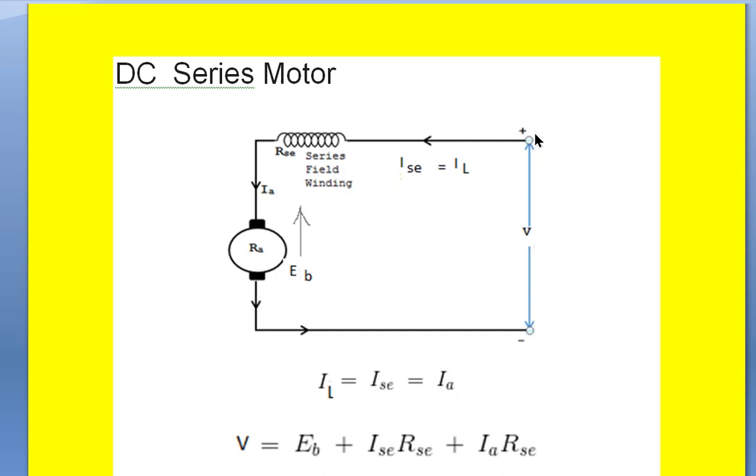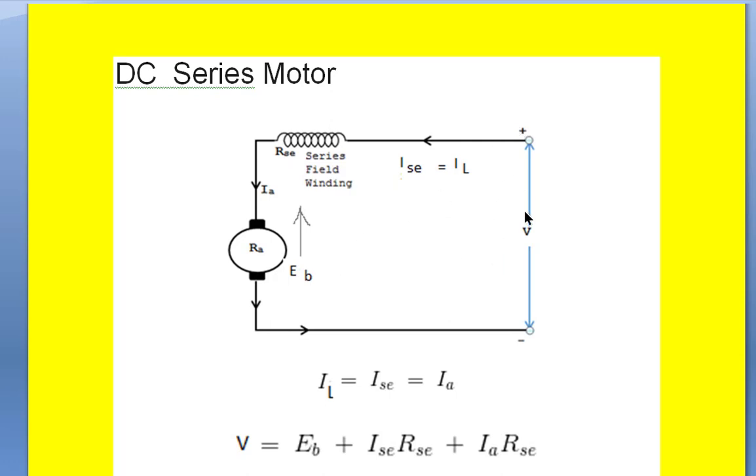And this is the applied voltage V. In this motor, the field current and the armature current are one and the same because they are in series. So we write the series field current is equal to the load current, which is also equal to the armature current.